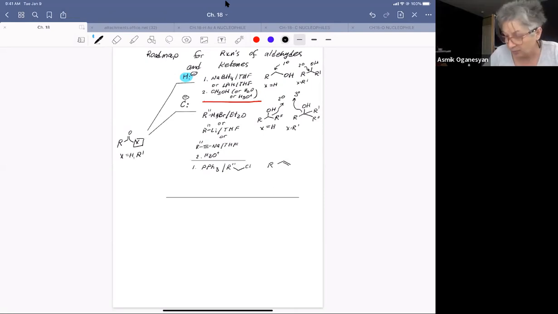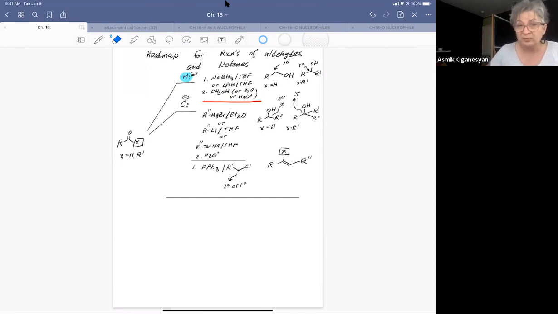Chlorine or bromine doesn't matter, but this carbon must be secondary or primary. Okay. And of course, here you will have your X, and X will be either hydrogen or the R prime group.